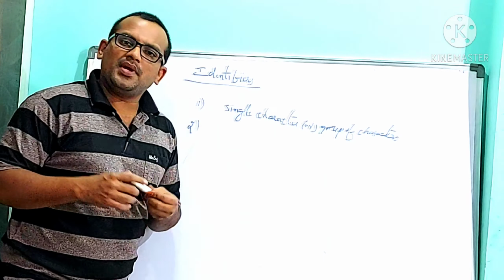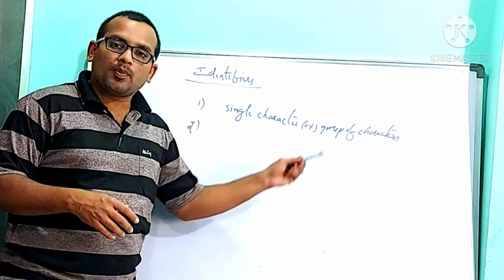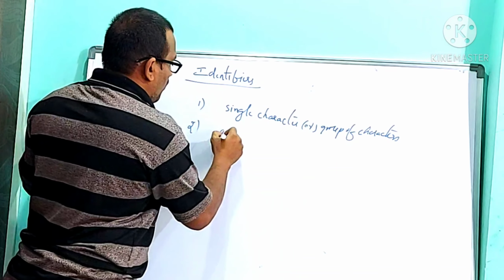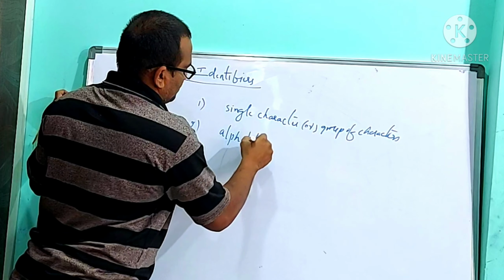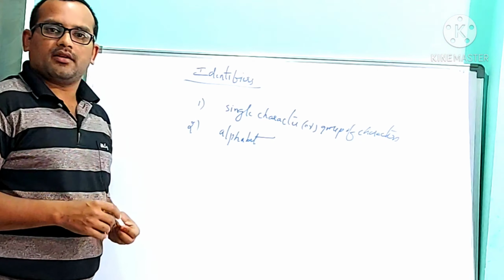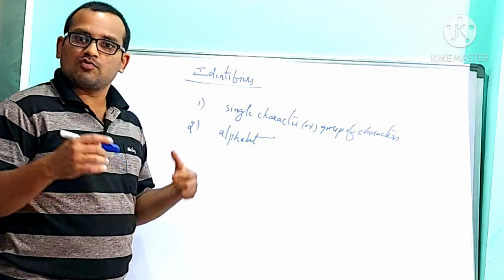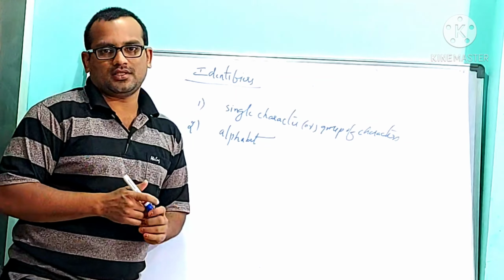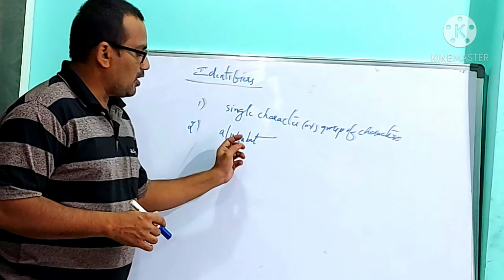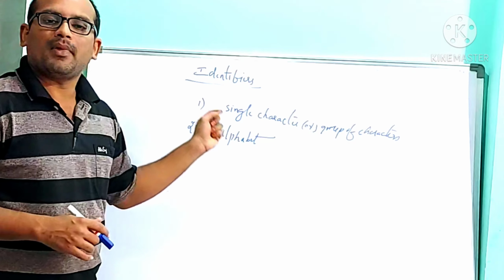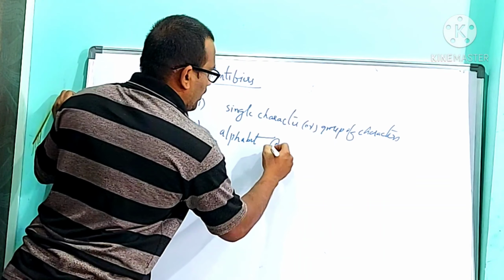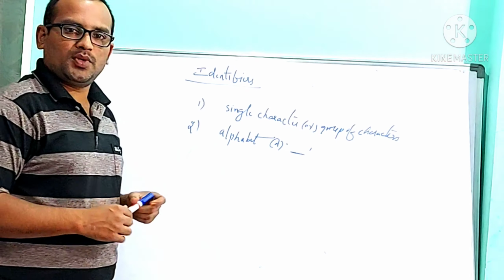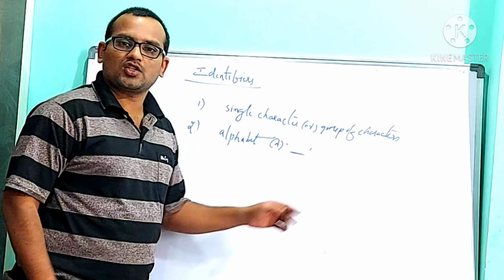Second one, the first character must be an alphabet. The first character of an identifier must be an alphabet like small a to small z, capital A to capital Z. You can use any combination of these. So the first character of an identifier must be an alphabet or a special symbol underscore.